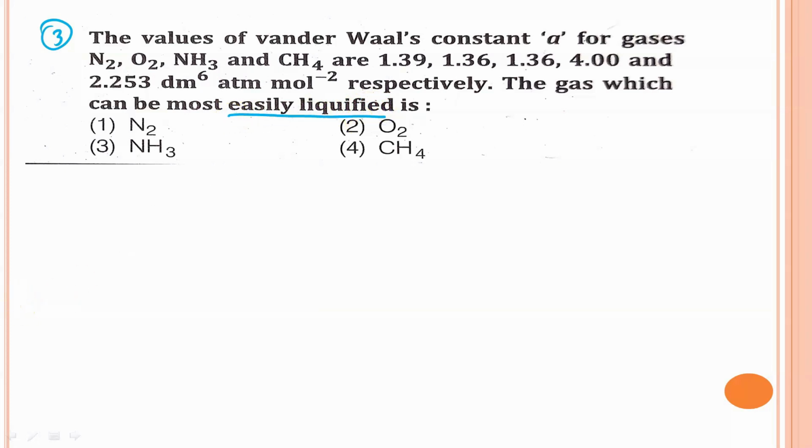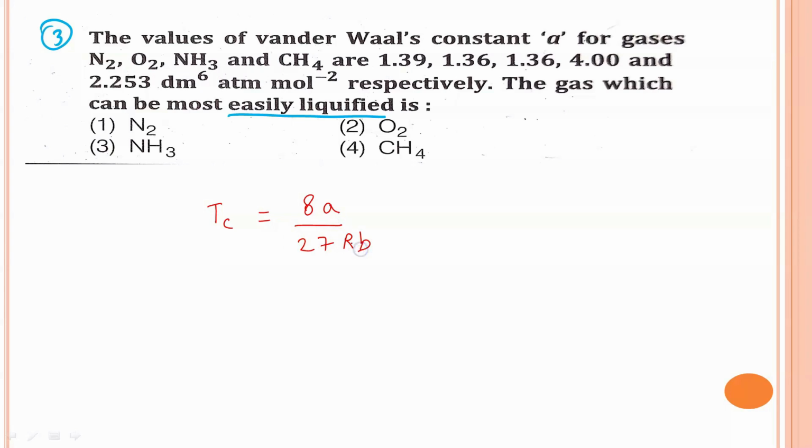So here, with the help of van der Waals gas constants, there is a relation given with critical temperature, that is Tc, which is equal to 8A upon 27Rb.